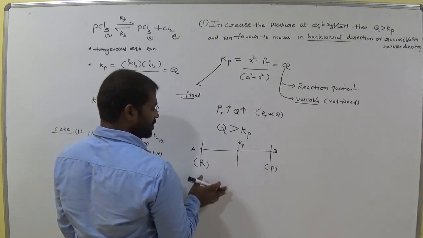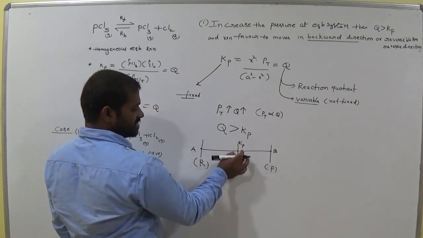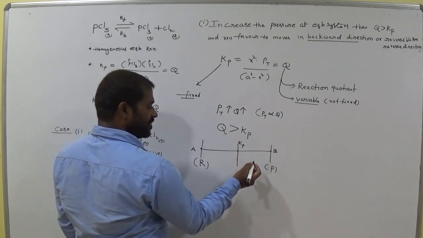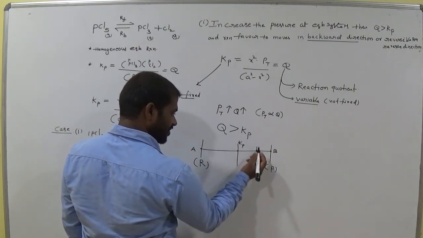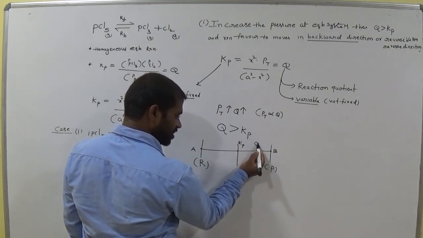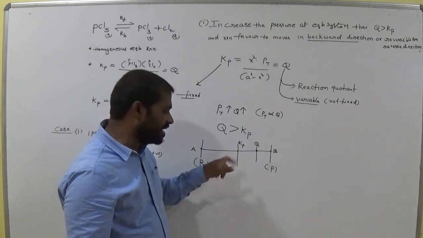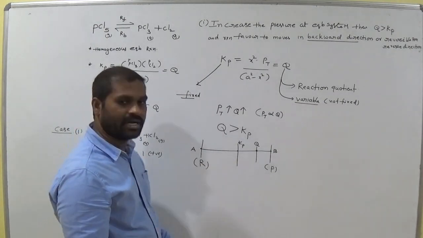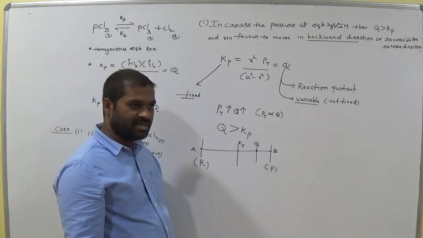So now according to this, where Q is greater than Kp, the Q value is more than Kp, that means the point may be here. The value of Q is at this point. Now this is the stable condition, you know already. Many times we discussed this stability concept. This is the equilibrium condition.